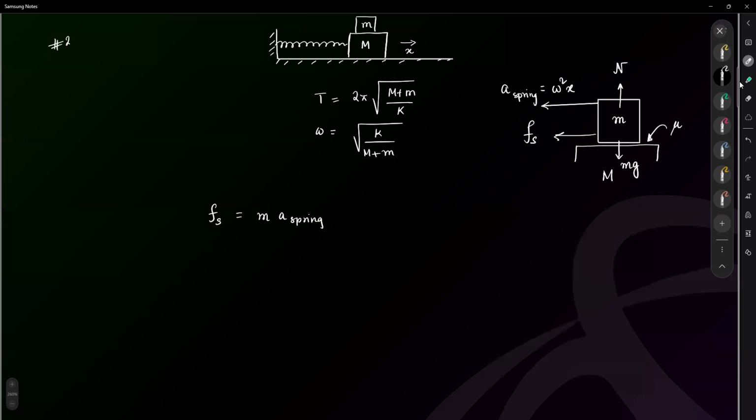That is, the two forces should balance each other out. So now we know that A of spring is omega square x. Now what is omega here? Root over of k by (capital M plus small m). So I can replace this.